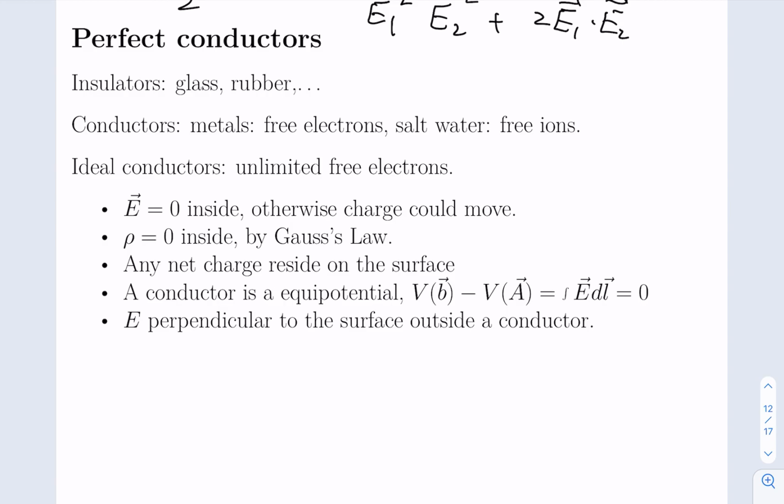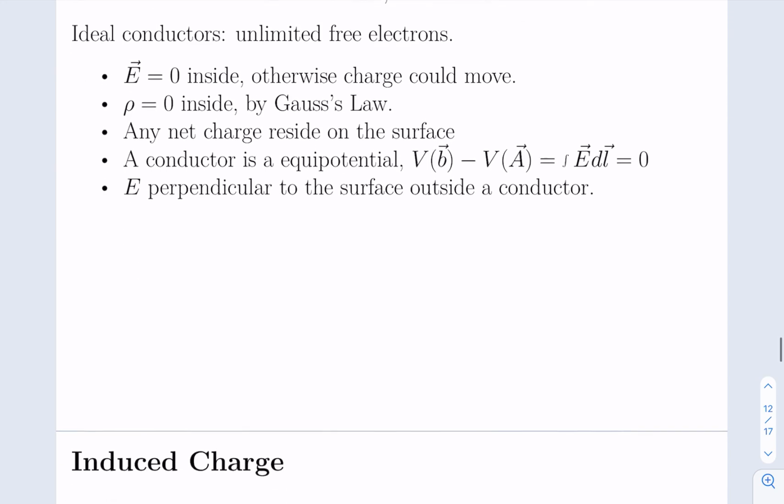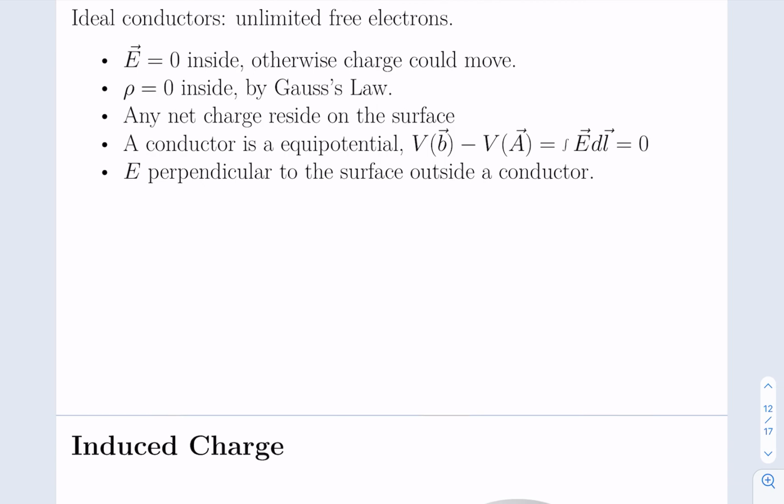So for conductors, there are free charges in the system, and for simplicity, we want to look at ideal conductors, which means an unlimited number of free electrons. For an ideal conductor, there are really unique properties. Say we have a conductor here, and outside there is an electric field.